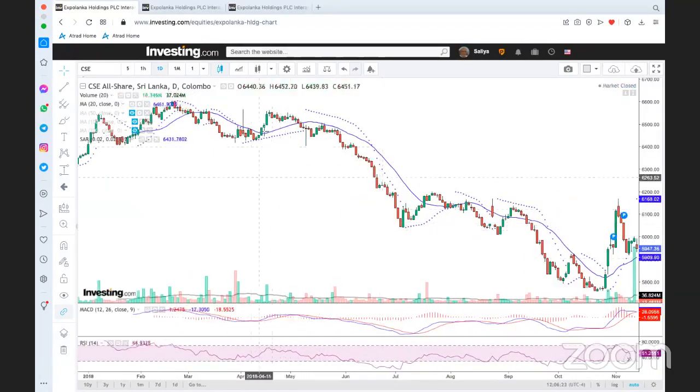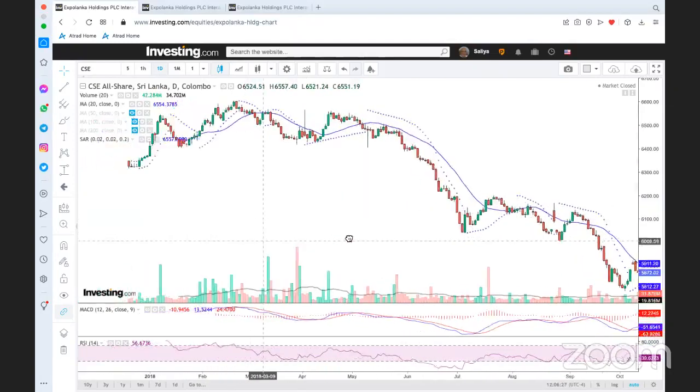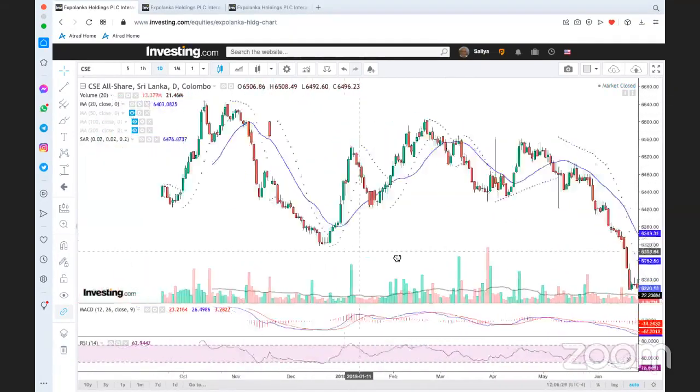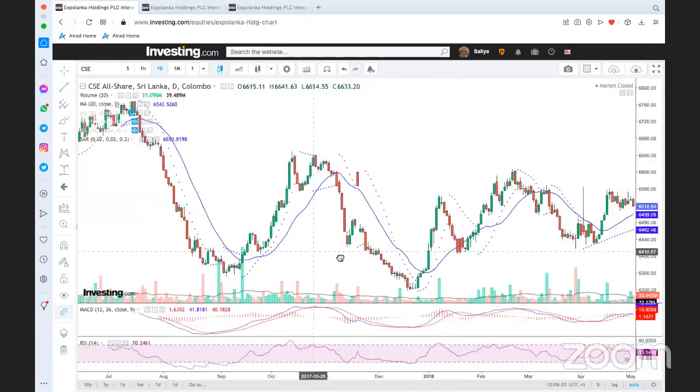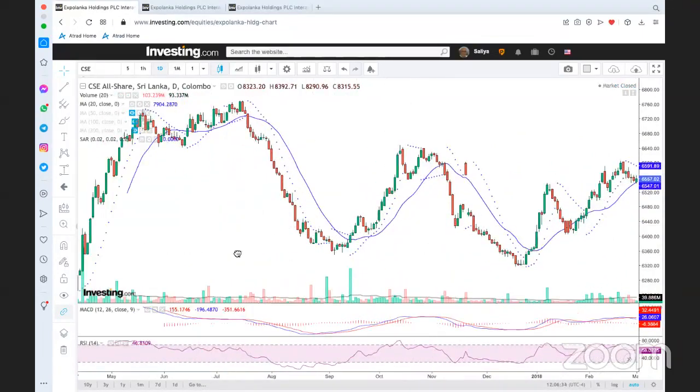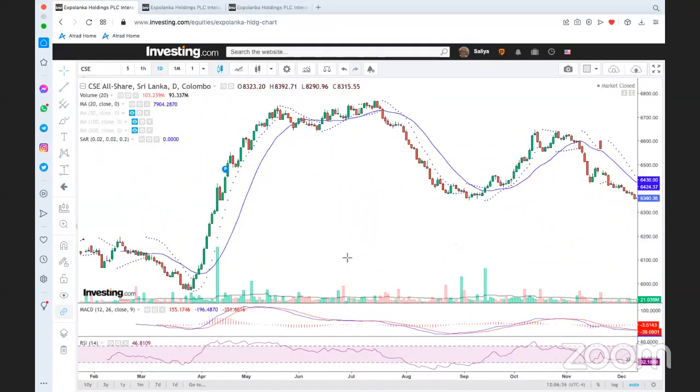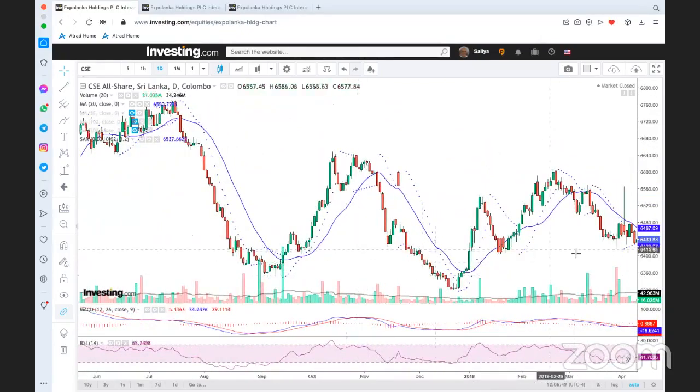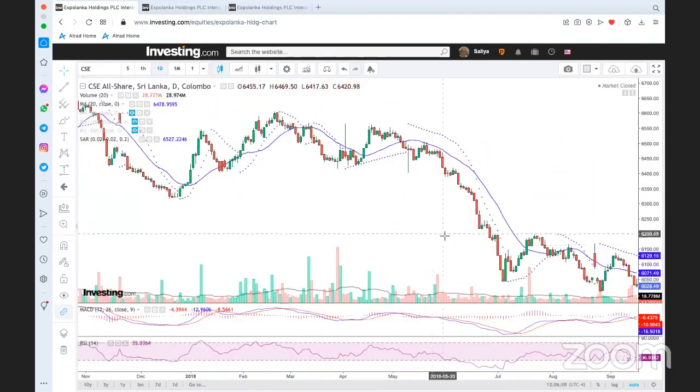Of course, it was the other way around, right? Here from April it has gone up, and then that's in 2017. So you go back and see the significance of this June, July period.